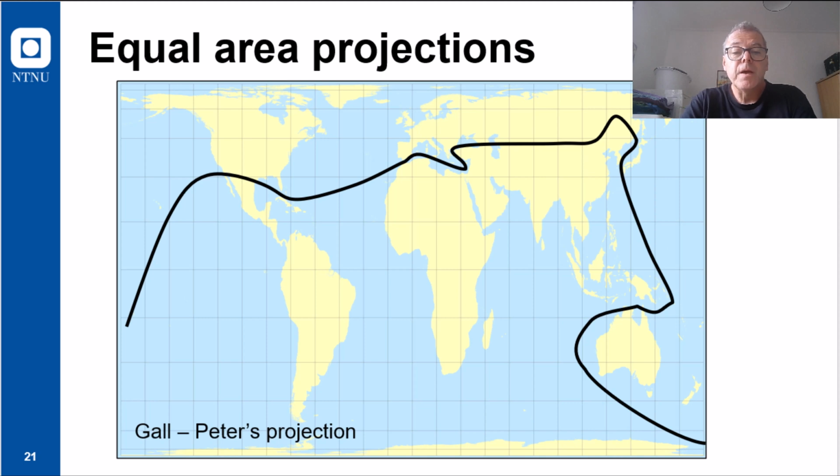It was a time when emancipatory ideas were widely supported. The United Nations and several non-governmental organizations therefore embraced Peters' projection because it was interpreted as emancipatory on behalf of the third world countries.